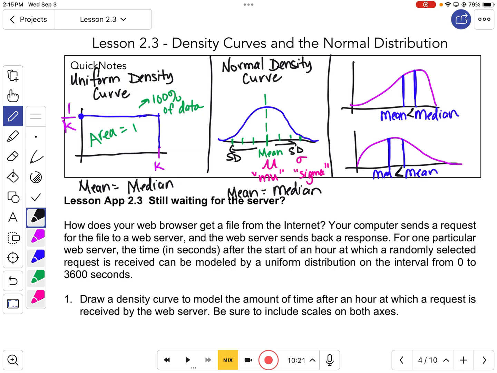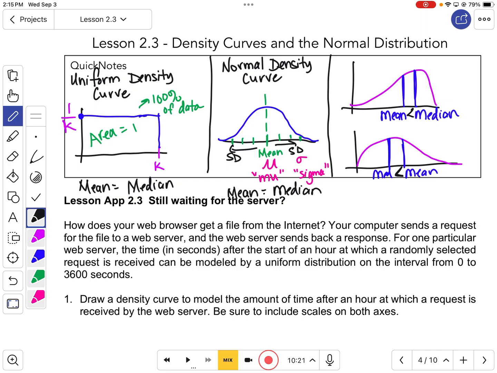So let me show you about some of the things they're going to ask me to do. They're going to ask me to draw all of our different density curves. They're going to ask me to find some values. They're going to ask me to do things like interquartile range. How do we do that when we don't know any of the specific data points?